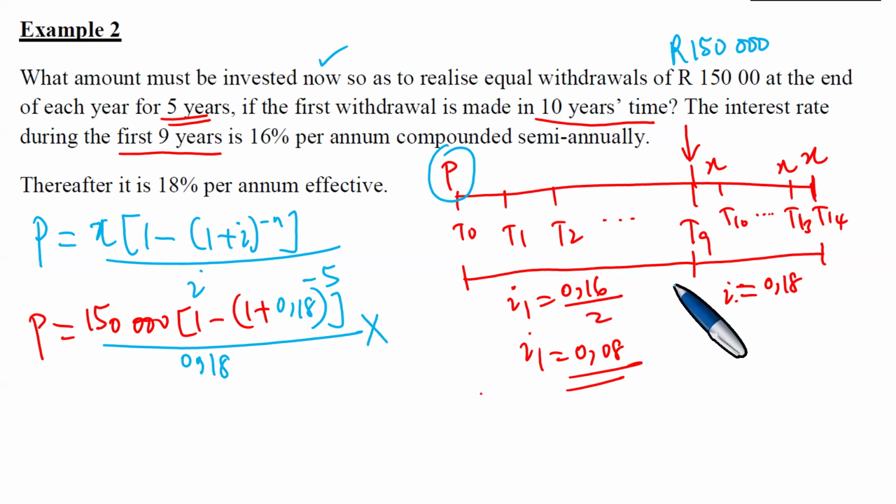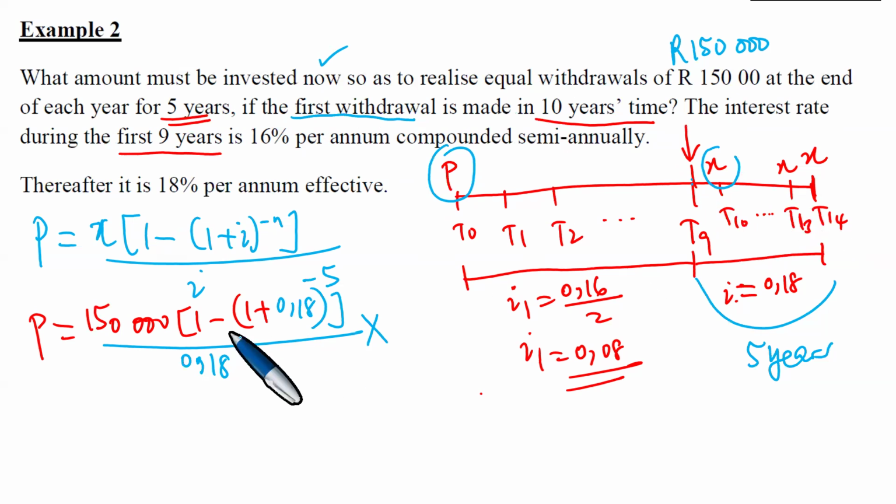Then simultaneously, because by the time you put it back here, because this is like 5 years, by the time you reach the 9th year, you remember that this amount must be invested now so as to realize equal withdrawals at the end of each year for 5 years. If the first withdrawal is made in 10 years' time, the interest rate during the first 9 years is this.